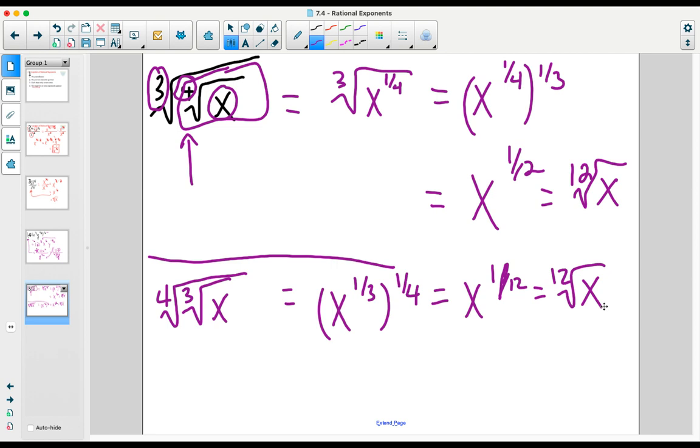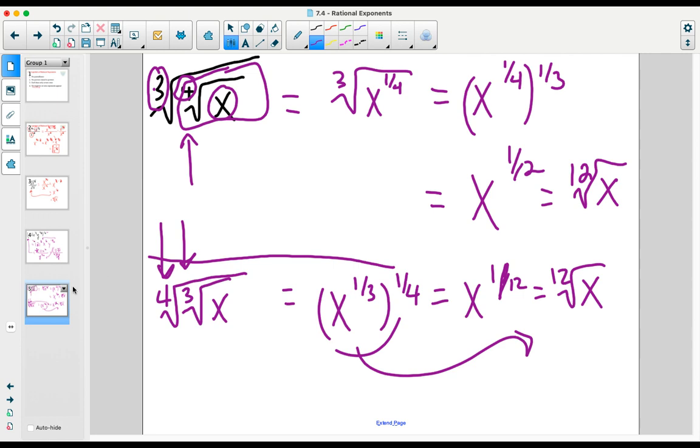That's not to say that you should just start interchanging them. That's not what this example is suggesting. This example is suggesting that the commutative property of multiplication allows us to end up in the same place, whether we take the 3rd root of the 4th root or the 4th root of the 3rd root. And because of that commutative property, we would expect that to happen for any roots that we were interested in taking.